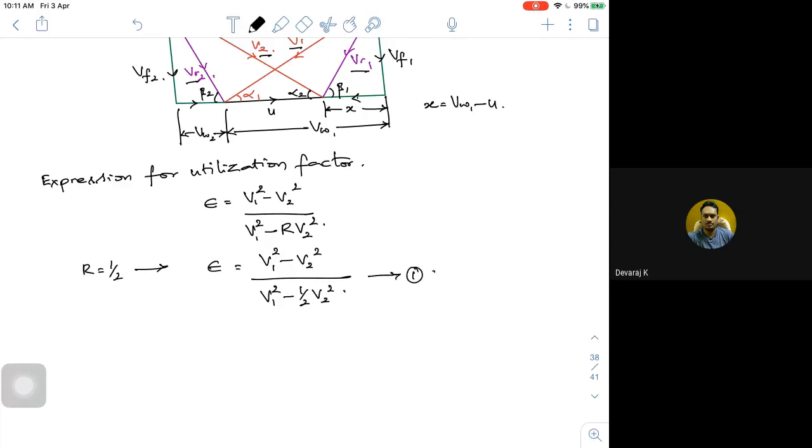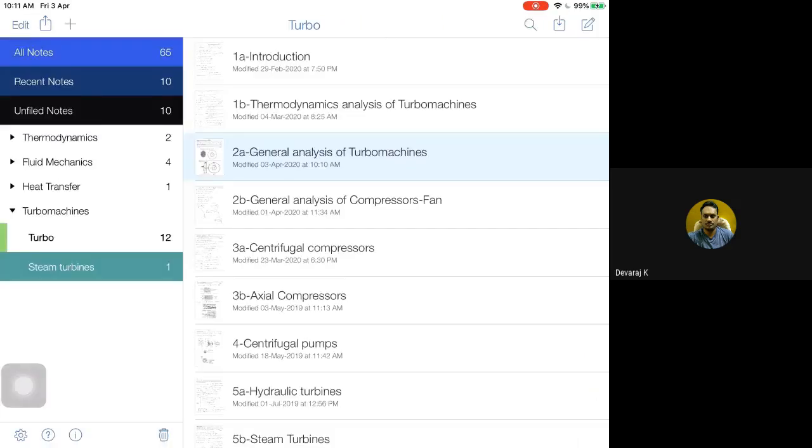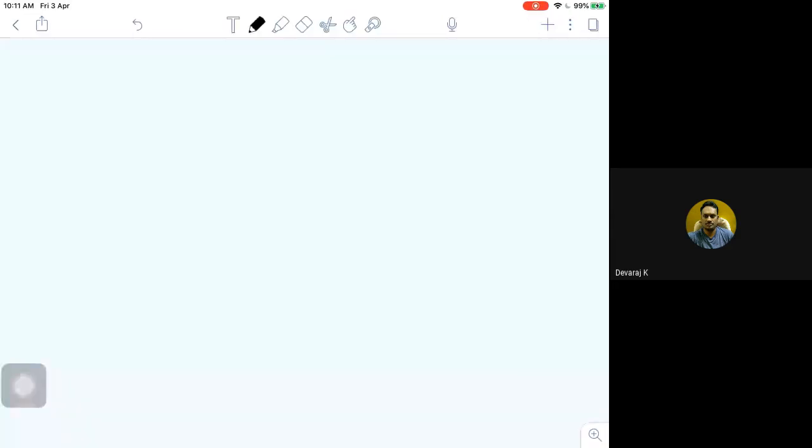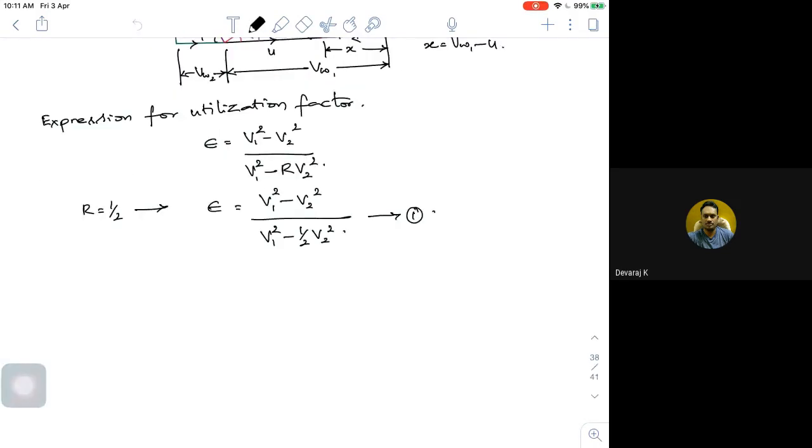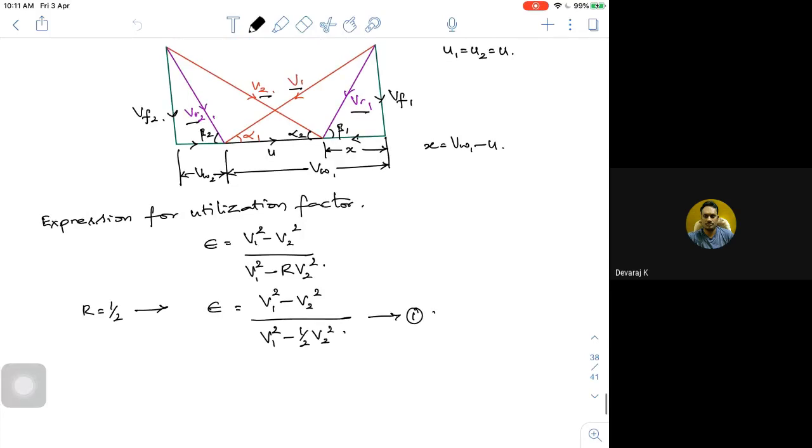Now let us go to this velocity triangle. What is my VR1 square?